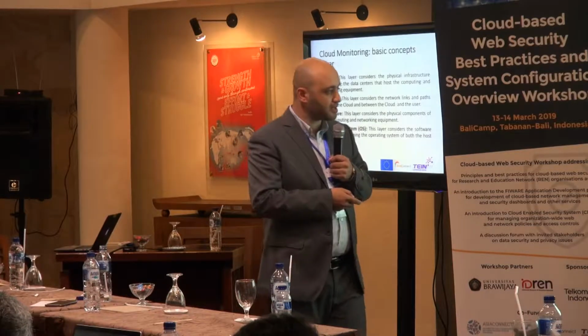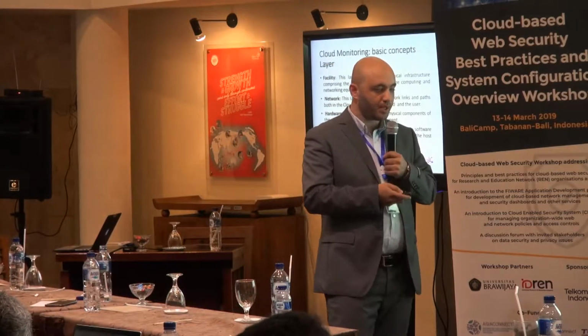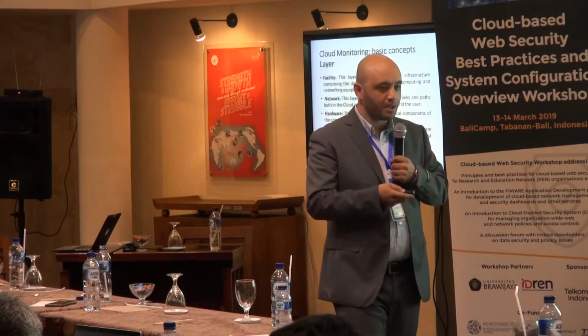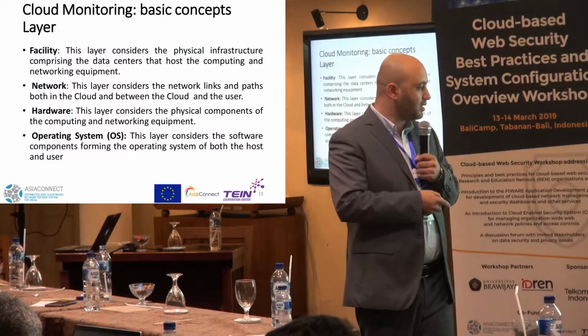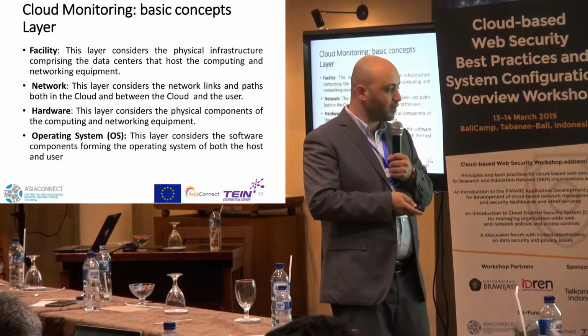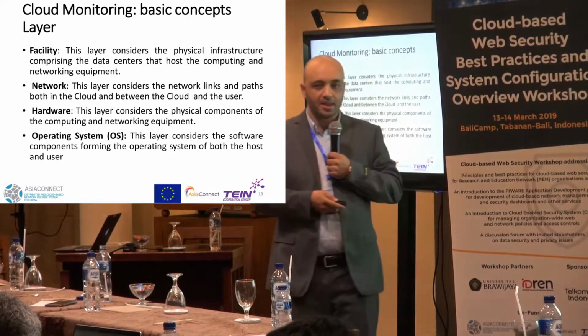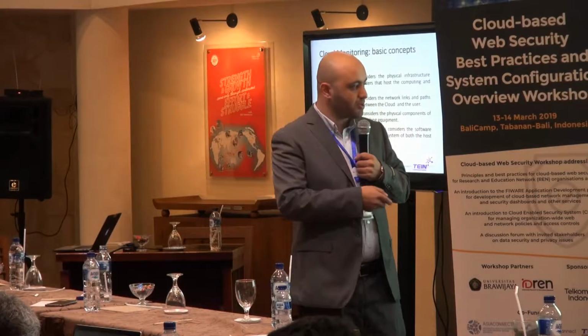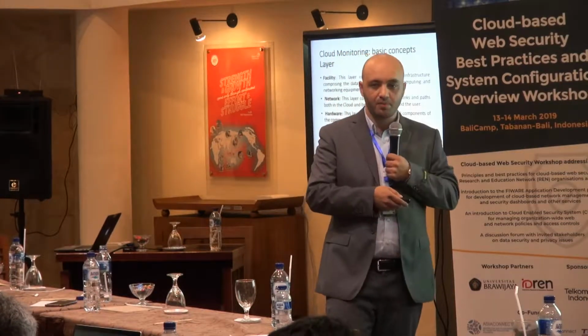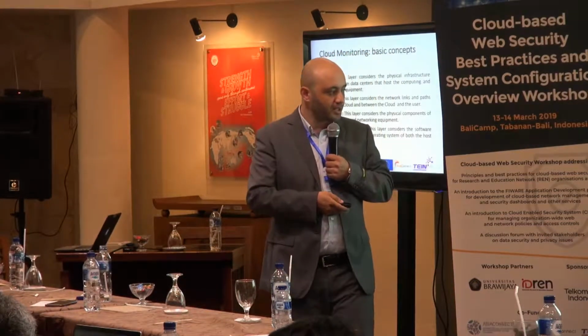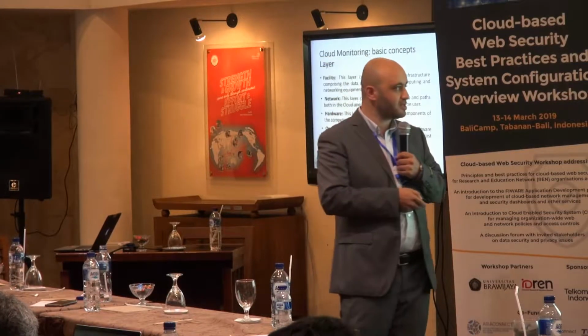The hardware is the physical component of cloud computing, and the operating systems are all types of images in the cloud computing. For example, Amazon has its own AMI, Amazon Machine Images, which consist of different types of operating systems, from Windows-based to Linux-based operating systems.